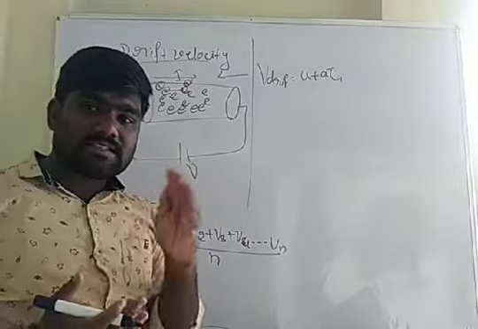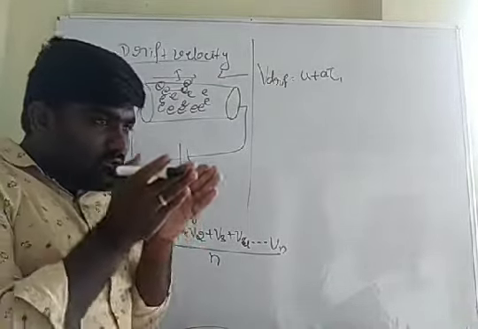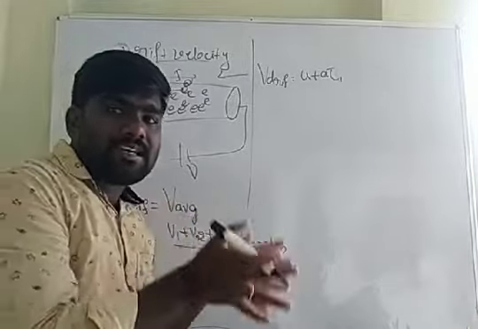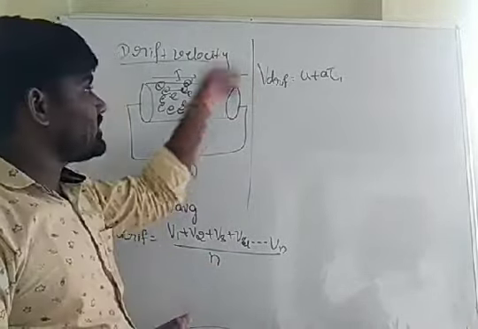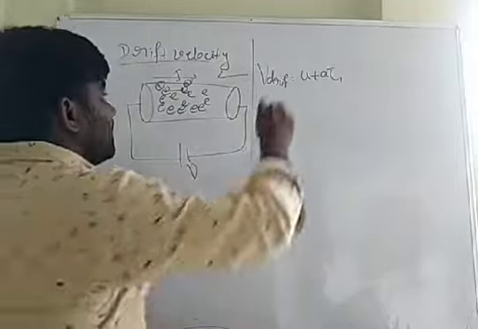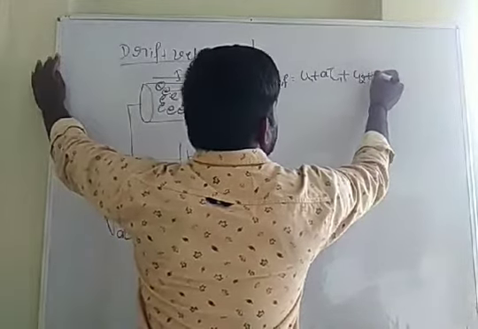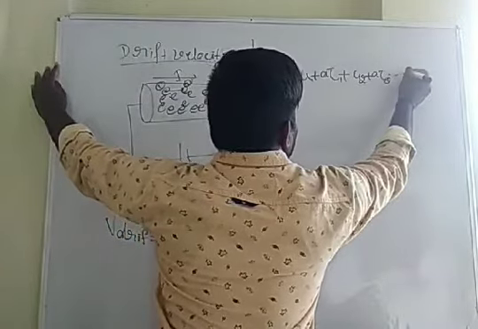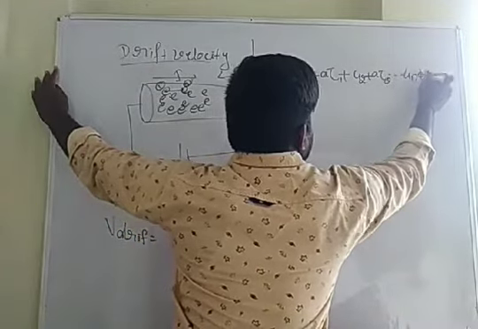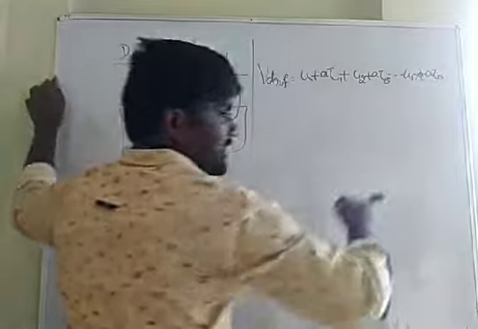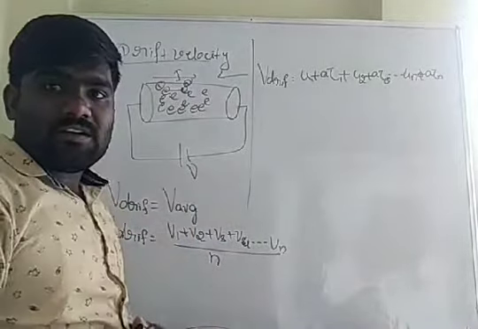To make one collision it may take a certain time, and that time is called the relaxation time. Then u2 plus a times tau 2, up to un plus a times tau n, if there are n number of electrons.